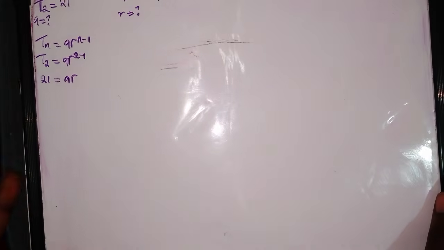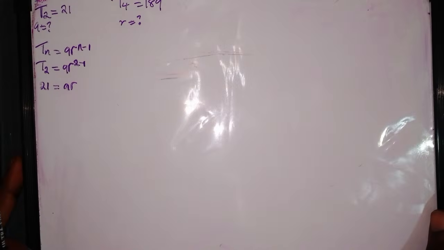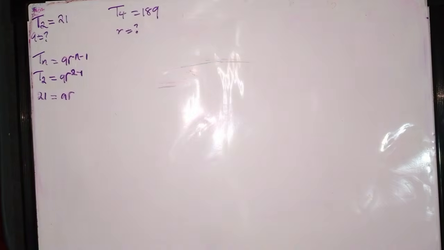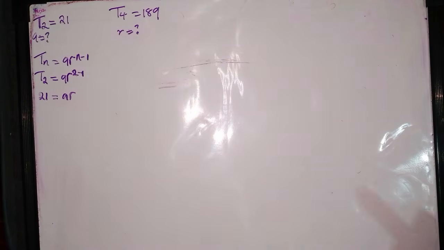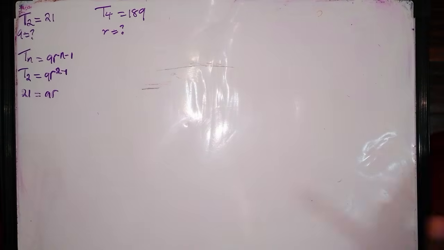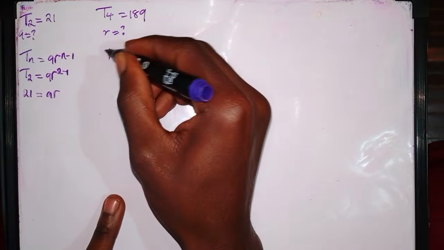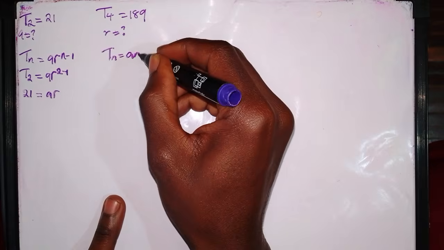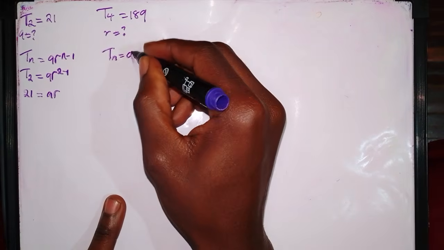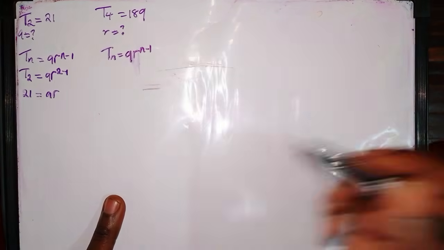If you look at this equation, we cannot do anything apart from leaving it the way it is. So now you ask yourself again, how am I going to solve A and R? Because this equation has ended, you move on to the second one. How do I calculate the fourth term? The same way we calculated the second term is the same way we are going to calculate the fourth term. The formula is A R^(n-1).